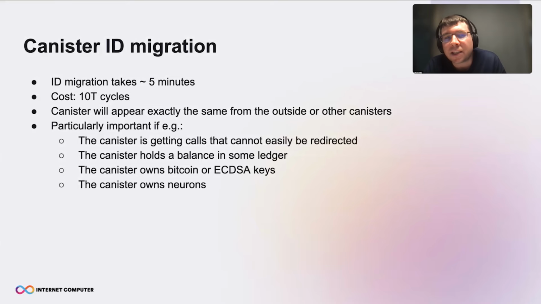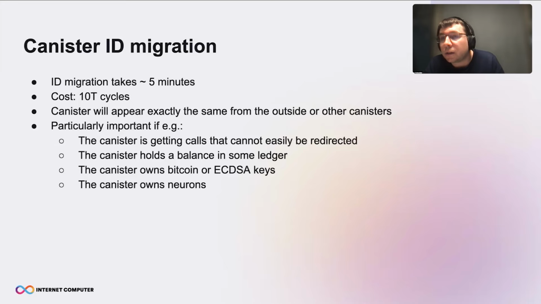And the main reason is that if you do that, the canister from the outside will really look like nothing ever changed. You address it in the same way, it behaves in the same way. That's particularly important if, for example, you have lots of other canisters calling your canister, or maybe there are calls from outside the IC to your canister, and you cannot easily change those call sites.